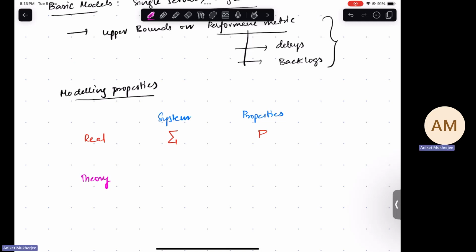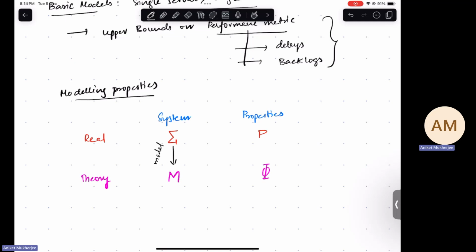This theory has a model M, and this model M will show some properties. What you want is to model the real life system in your theory.